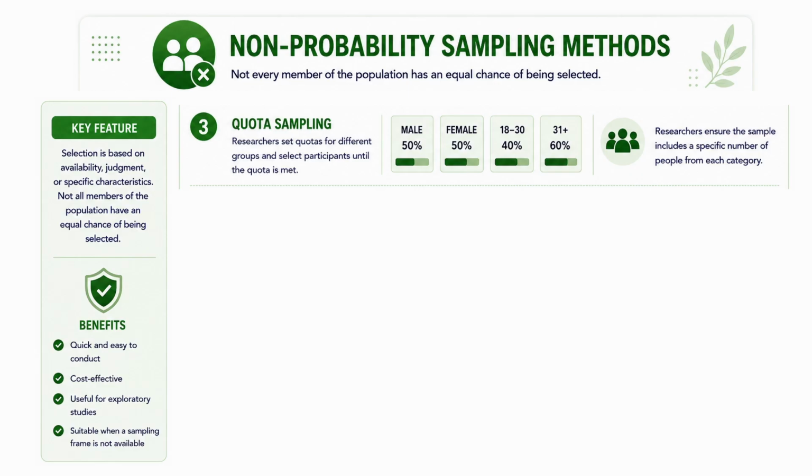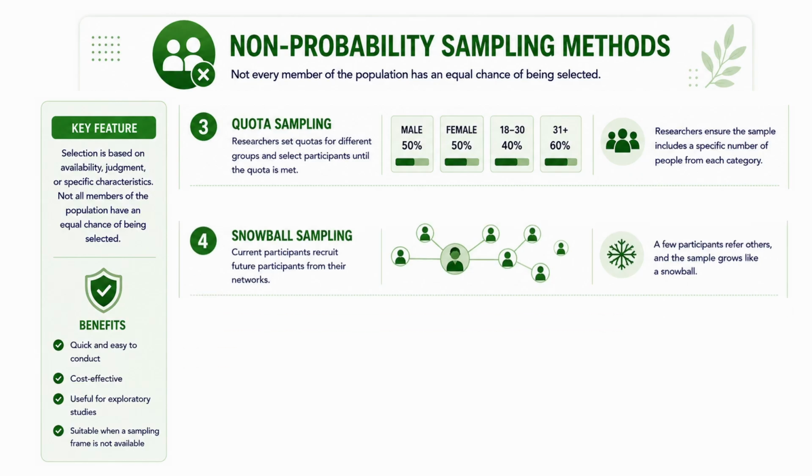In another study, if you are keeping a quota for some ethnic groups, you can make sure that 70% of study participants will be from the Malay community, 30% will be from either the Chinese or Indian community. So a researcher can fix a quota for collection of samples. Researchers ensure that the sample includes a specific number of people from each category compulsorily.